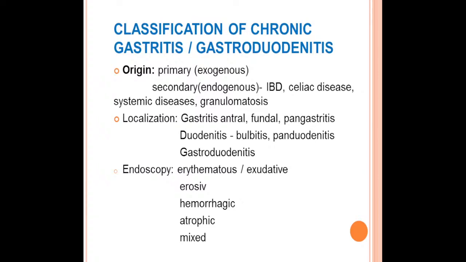In the duodenum it may be focal, only bulbitis, or panduodenitis, and mixed gastric and duodenal, gastroduodenitis, with localization of the pathological process in both organs, gastric and duodenum.